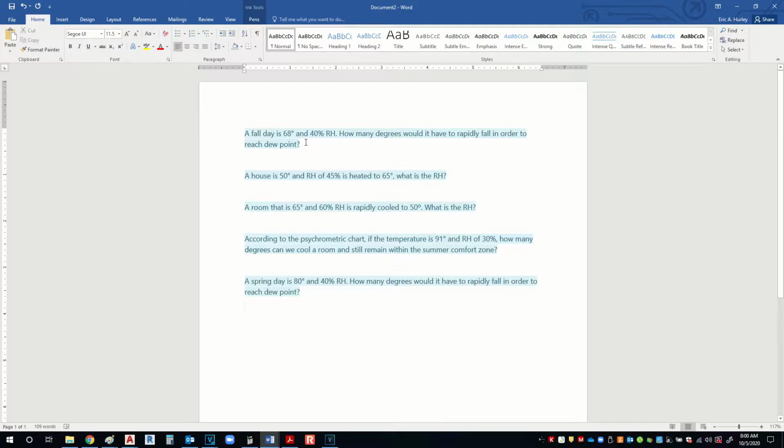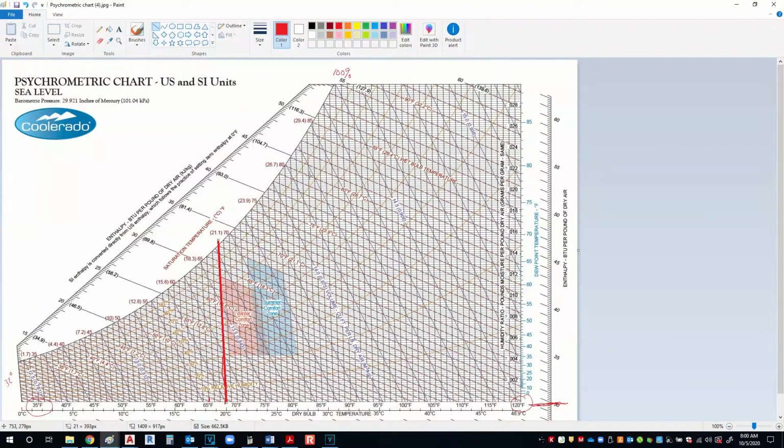And we have a relative humidity of 40% moisture. So I go in here and find 40, which is right there. This line right here is 40% relative humidity.